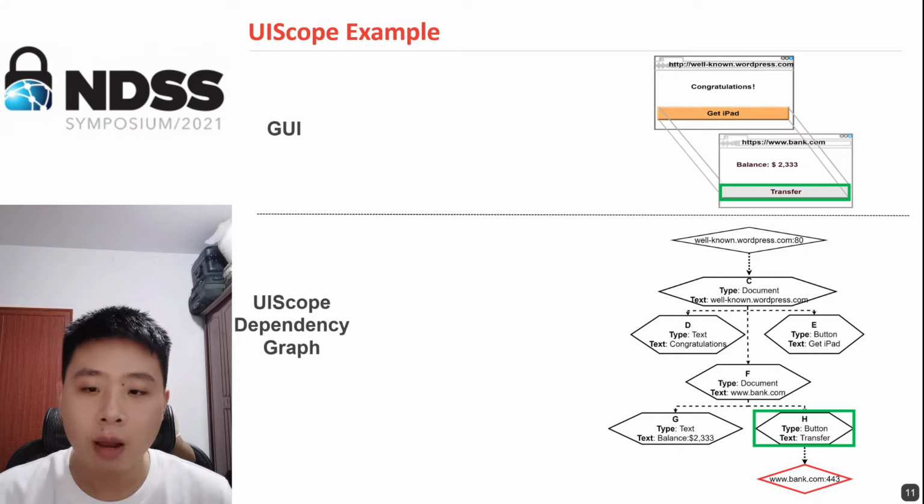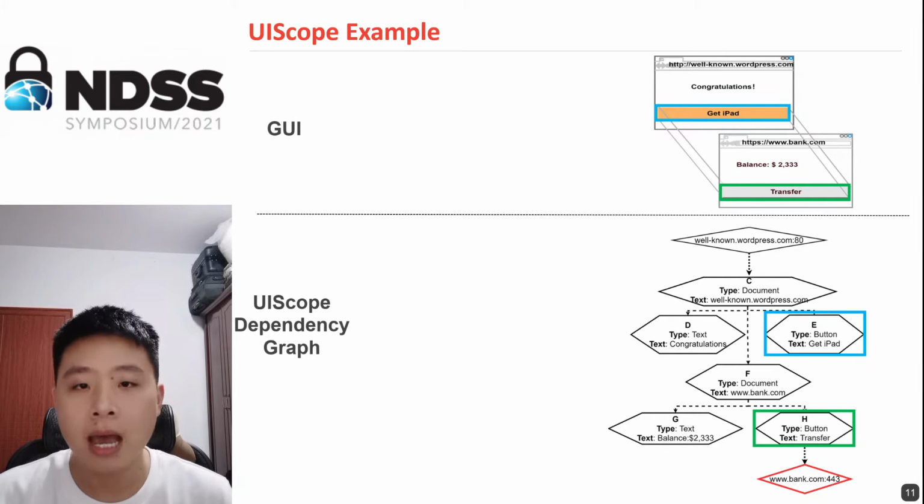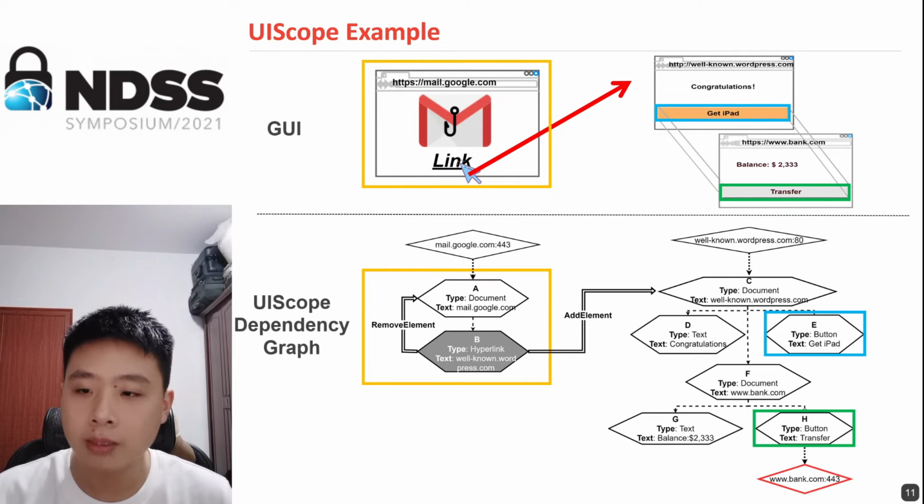And in the same web page, there is another clickable button called Get iPad in the identical position of the transfer button, which means this is a click hijacking attack. Furthermore, we can trace back to the link on the Gmail web page, which implies this is social engineering work.